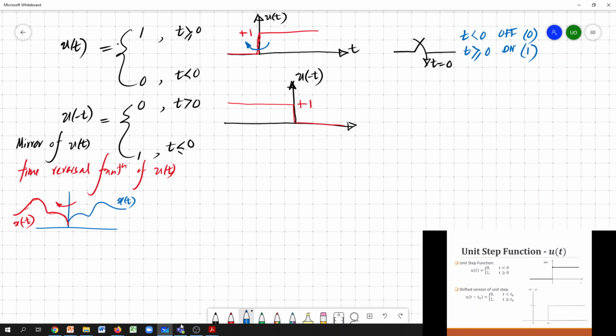So initially 0 during the negative part, then 1 for the positive part. So this is also replaced with this kind of a switch.